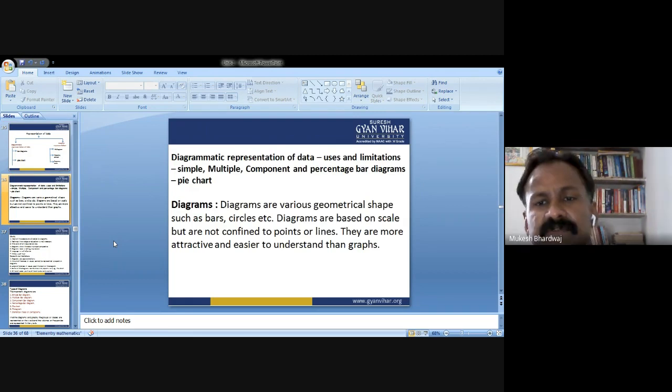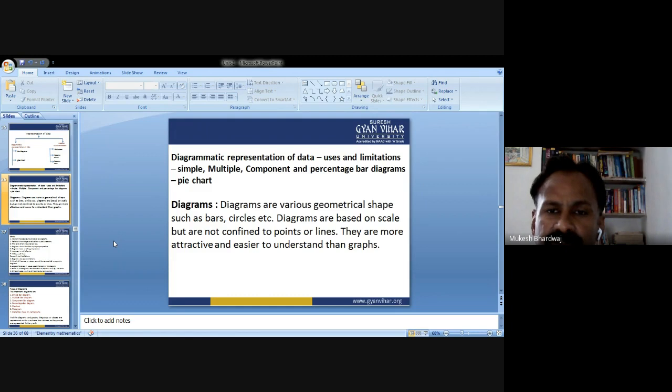Diagrammatic representation of data: uses and limitations; simple, multiple, component and percentage bar diagrams. These are the methods. Second is the pie chart. What do you mean by the word diagram? Diagrams are various geometrical shapes such as bars, circles, etc. Diagrams are based on scale but are not confined to points or lines. They are more attractive and easier to understand than graphs.